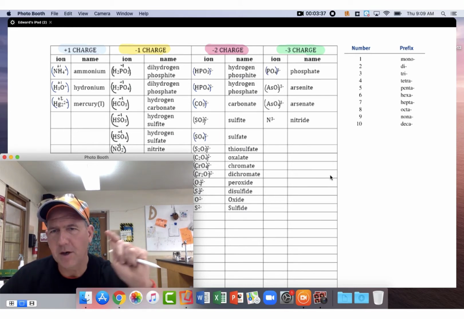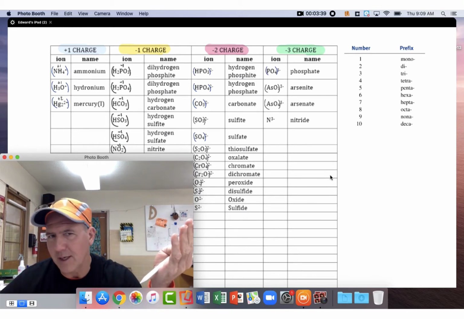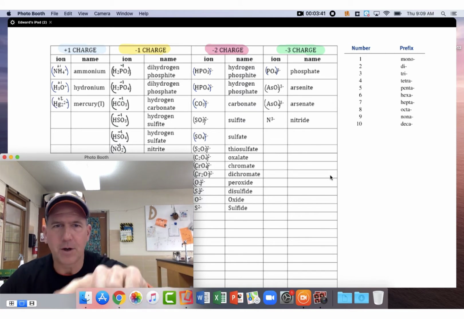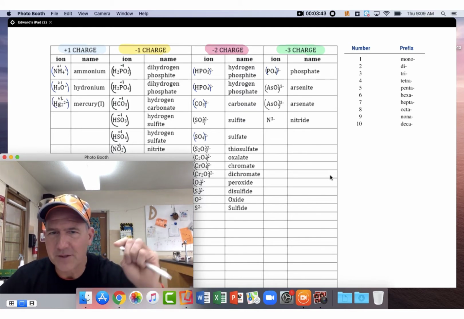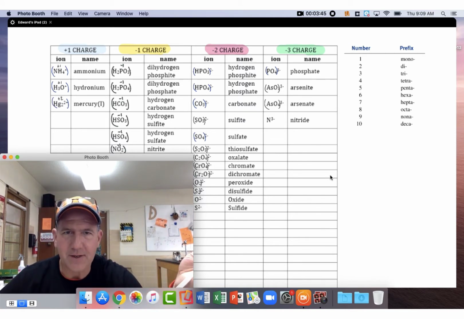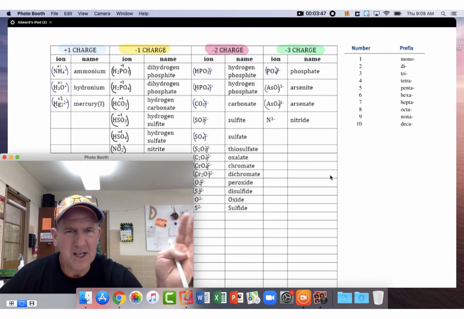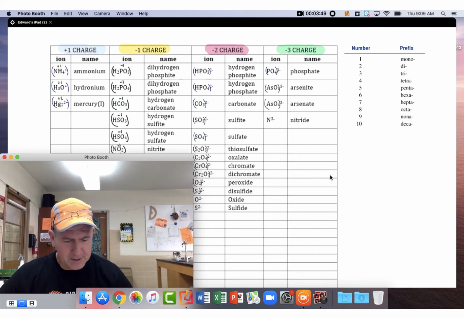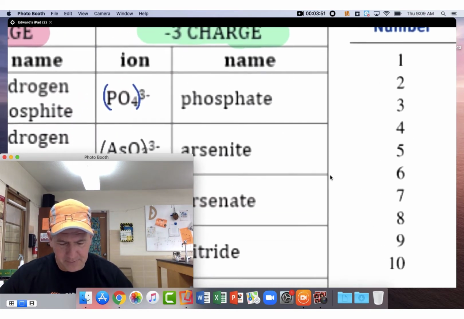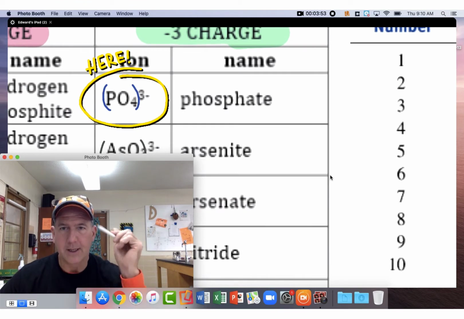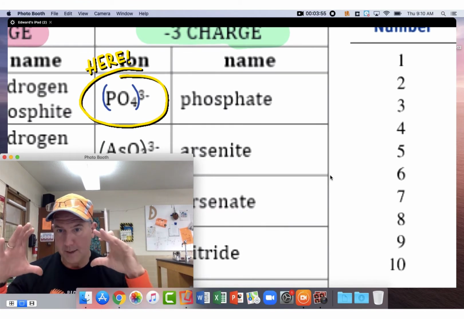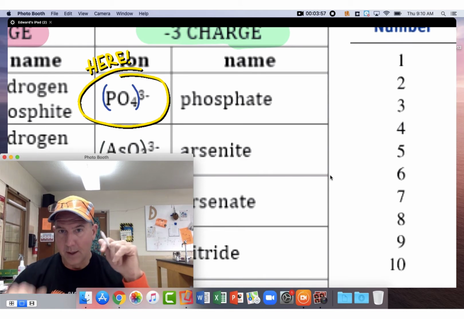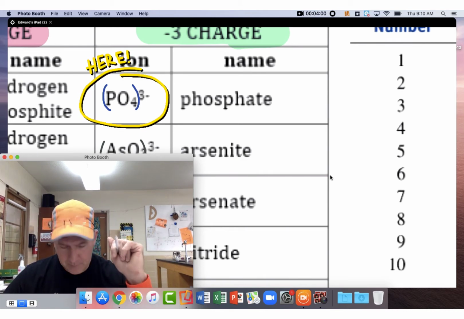This chart's going to be hard to find things in the beginning. On the chart, I put all these nice little parentheses on there after our last video because I thought that would make it more helpful to write. So if I look right here, I see phosphate, and it's PO4 in parentheses with a -3 charge.